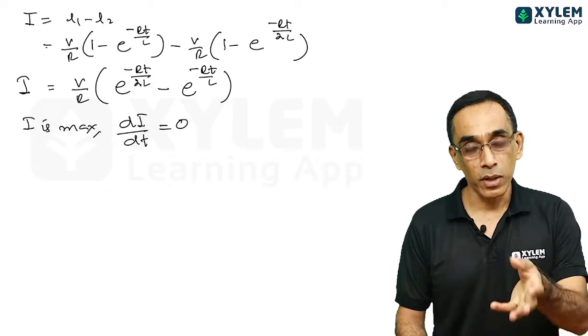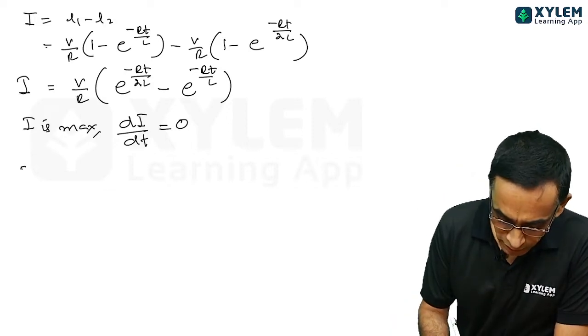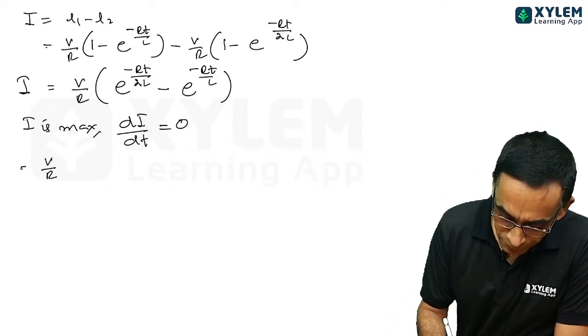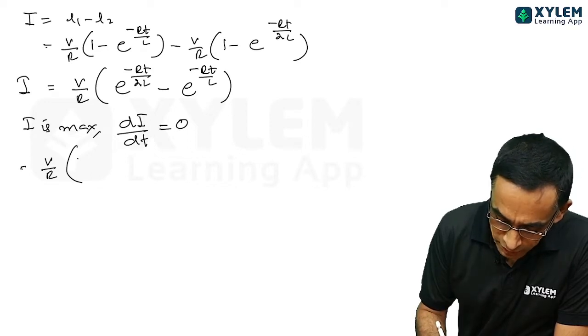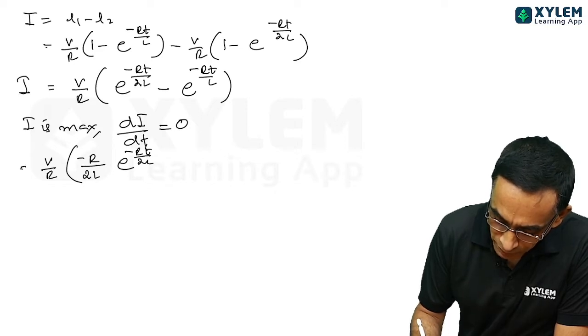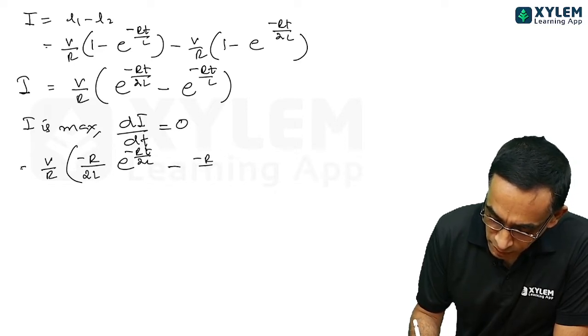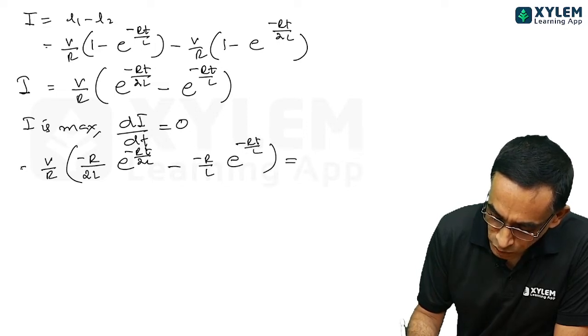V by R is constant. So we can differentiate this as V by R into the derivative, which becomes minus R by 2L into e raised to minus RT by 2L, minus R by L e raised to minus RT by L. This should be equal to 0.